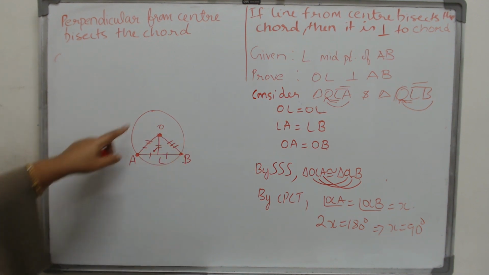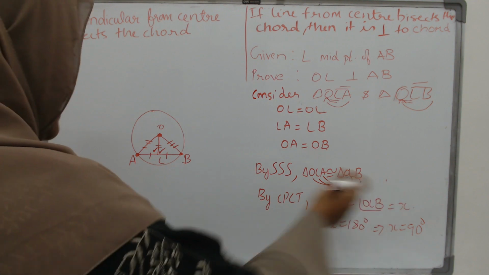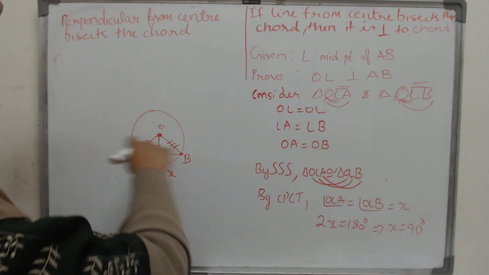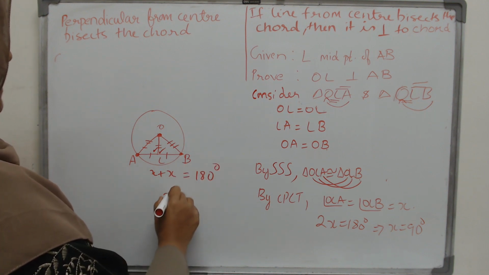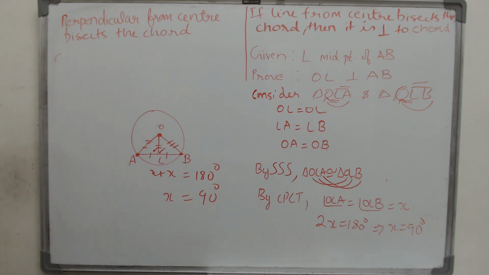OLA and OLB. Take the two second angles, they will also be equal. So let me name them x. So this is an x, this is another x, but they form a straight line, which means added they give 180 degrees. That means 2x is equal to 180, and that means each x is 90 degrees.